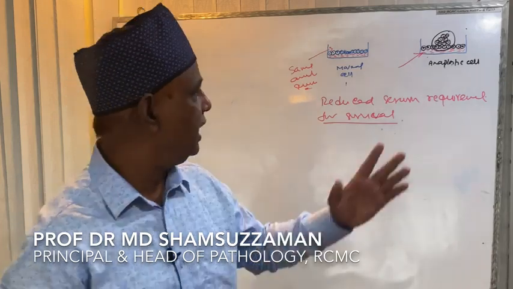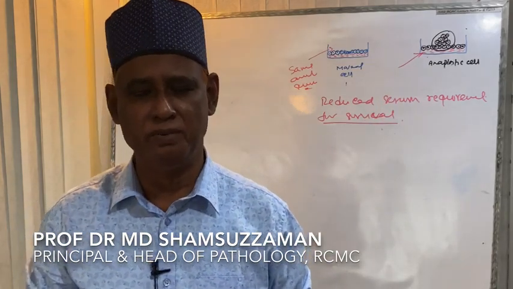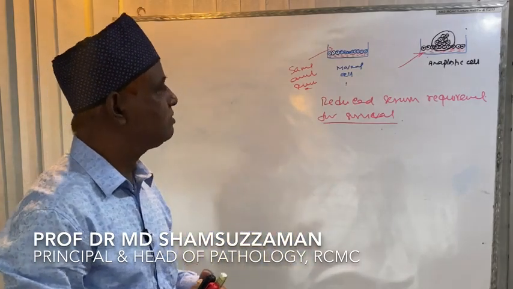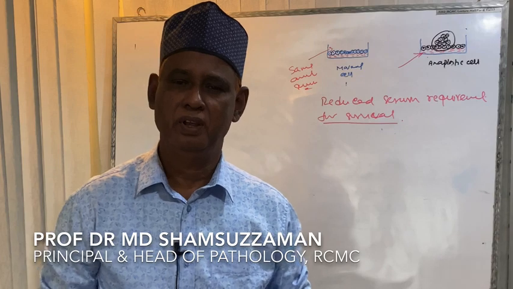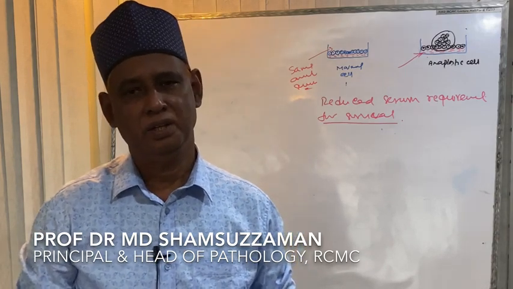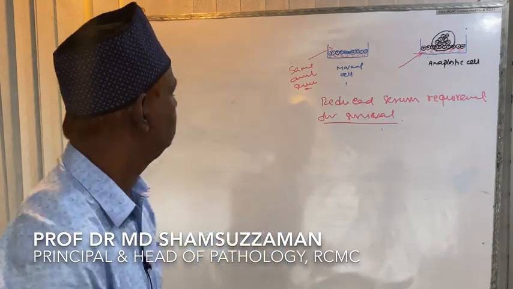Why? As anaplastic cells require minimum serum for survival, they can survive for a long time. So anaplastic cells are immortal.